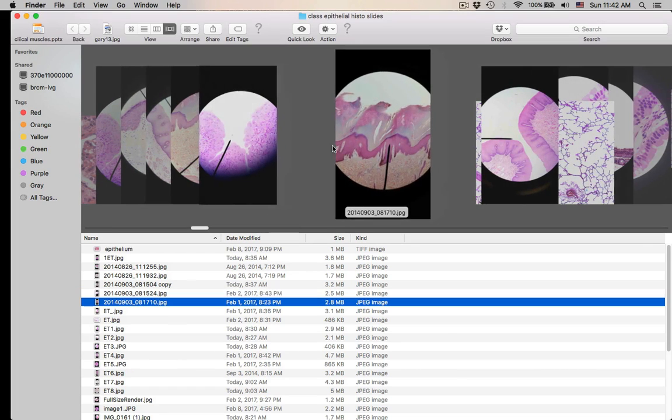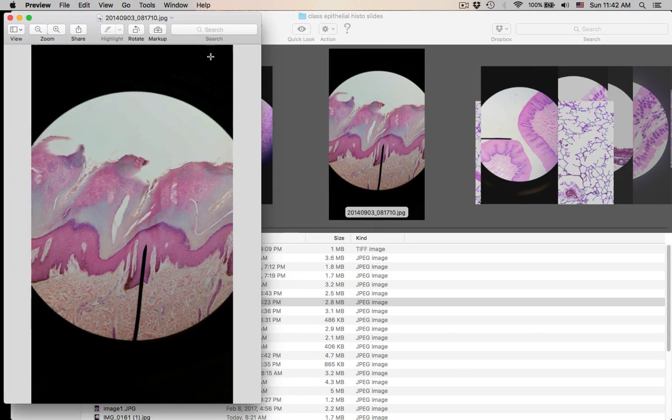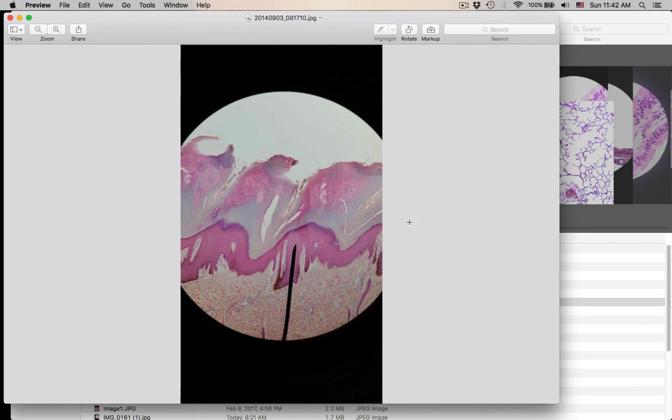Number 6. On this one, I asked you, here is the epithelium from here to here. This is in the skin. What layer of the skin is this? This is the epidermis. Below the epidermis is going to be the dermis.